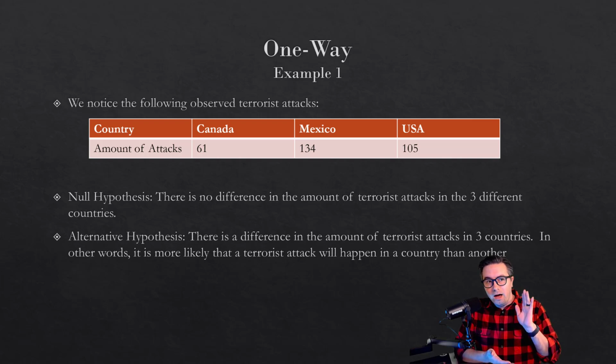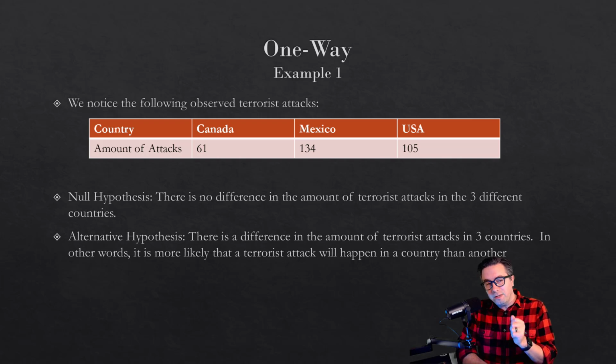But anyways, this is a table that you can make from the data that's given in the text, and I'll refer to the text script and data in just a second. If you look at the amount of attacks for Canada, Mexico, and US, Canada is 61, Mexico is 134, US is 105.